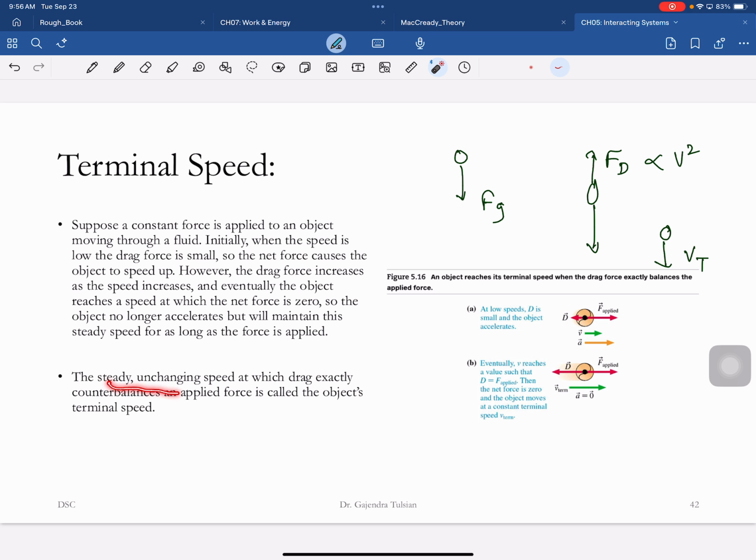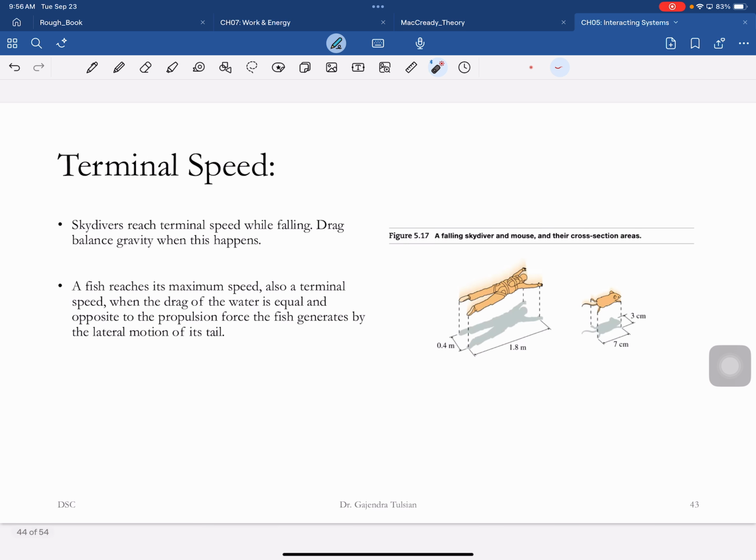So the steady, unchanging speed at which drag exactly counterbalances an applied force is called the object's terminal speed. So here's a skydiver, and here's a mouse falling in air. Skydivers reach terminal speed while falling. Drag balances gravity when this happens.